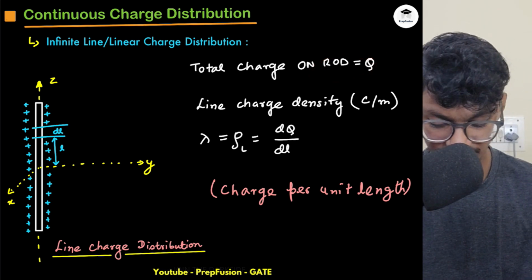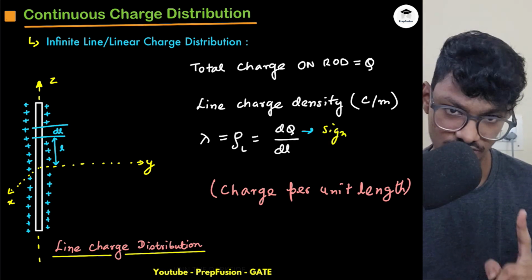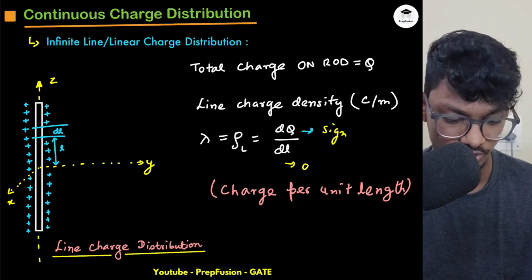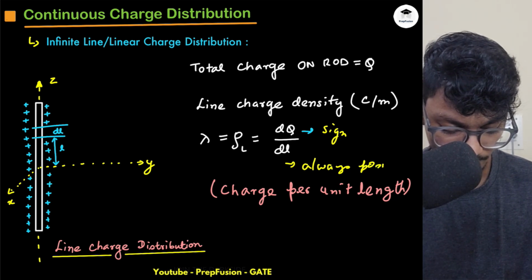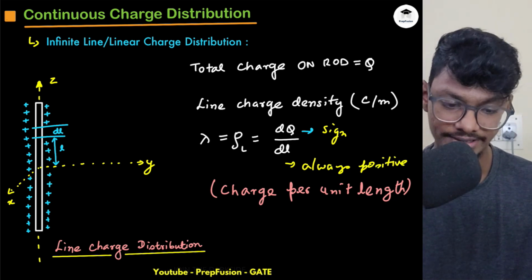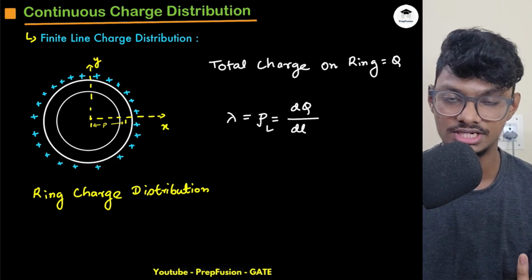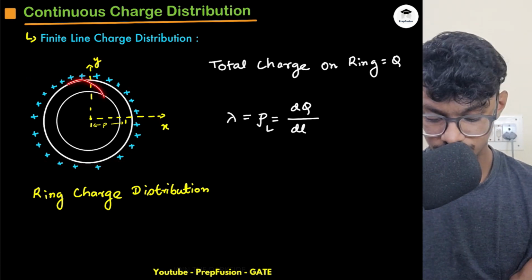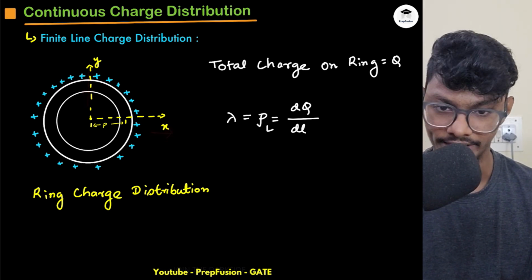And do remember this dq is actually with sign, and dl is always positive. Length will always be positive. And there is another finite line charge distribution, that is ring charge. If this is the ring charge, this is in the x direction, this is in the y direction.